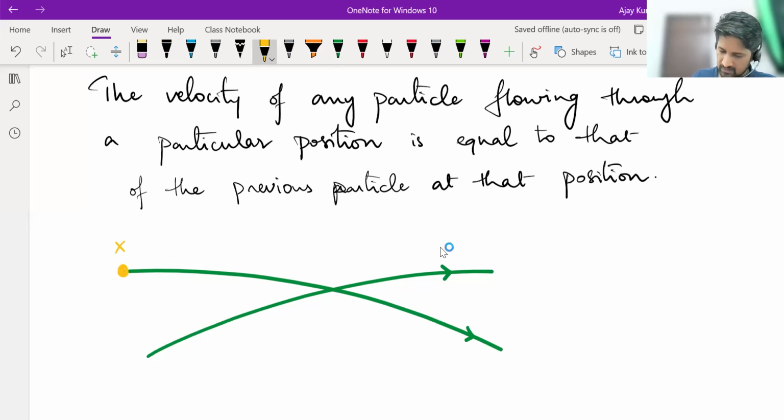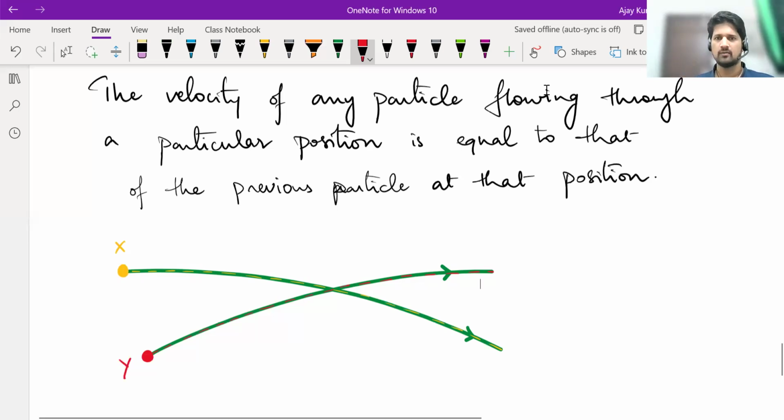Let's call this particle X. X went along this way, so we got a streamline like this. Consider another particle, call this Y. Y went along this way, so we got another streamline like this. What is wrong in this diagram? Recollect what is streamline flow, what is steady flow. And based on that, you tell me, why is this diagram wrong? I'll give you all 1 minute to think.